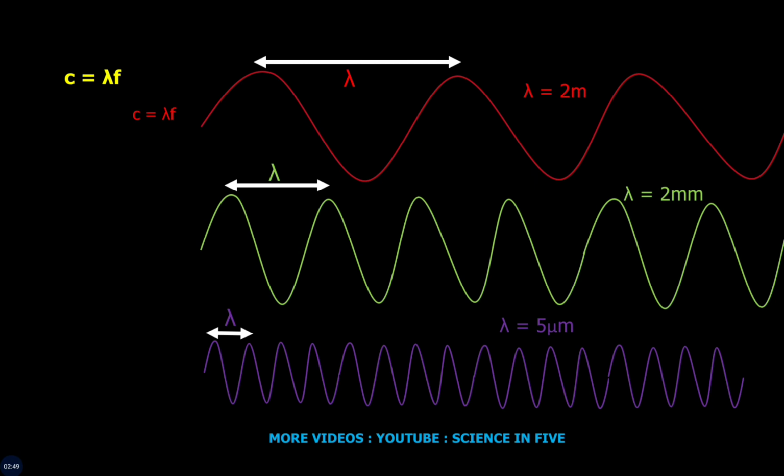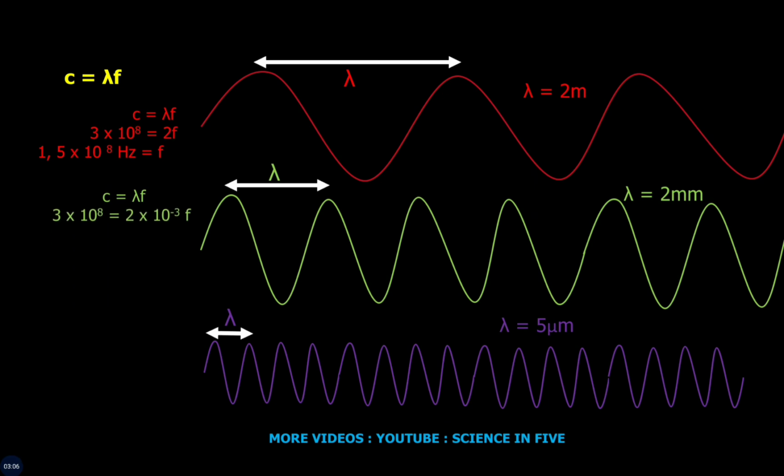For the red pattern, we know that the wavelength is 2, so it's an issue of plugging into the formula. We get a frequency of 1.5 × 10^8 hertz.